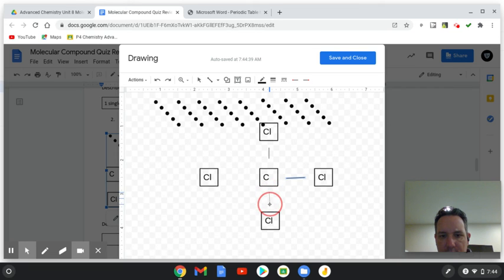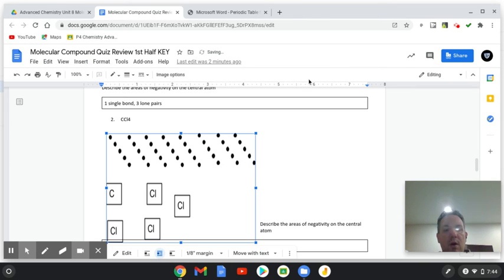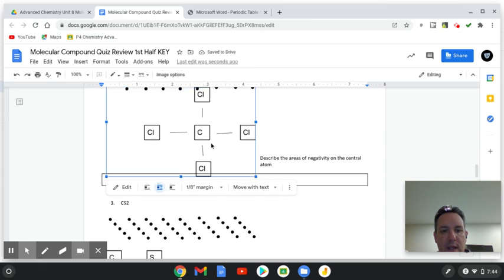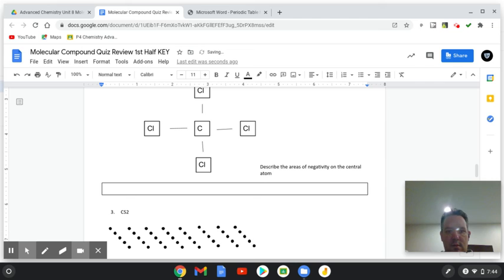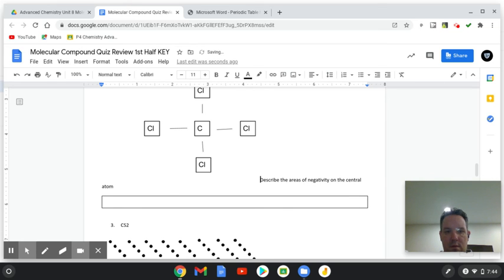Put a line here. And put a line here. And I don't care how perfect the lines are. That's it. And then we would describe around carbon, we have four single bonds.